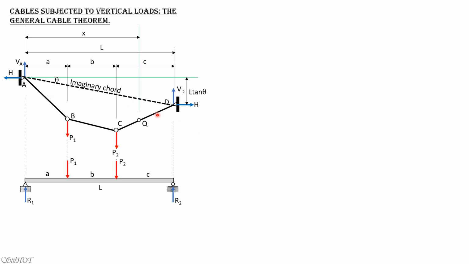So for the general cable theorem principle, let's continue. So we have a point Q here, any point on the cable, and the distance from point A is x. So this distance would be x tangent theta, the distance from the horizontal line to the imaginary chord.